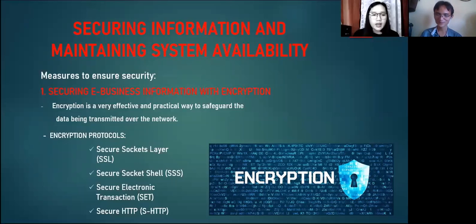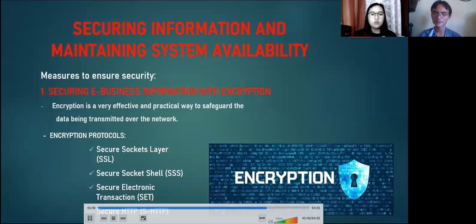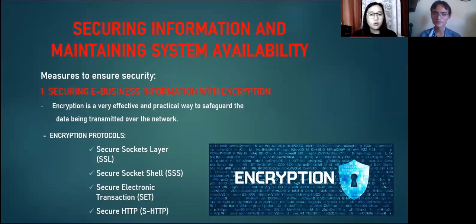SSL is a standard security technology for establishing an encrypted link between a server and a client, typically a server and a browser, and it is basically the most commonly used protocol and is widely used across this industry.